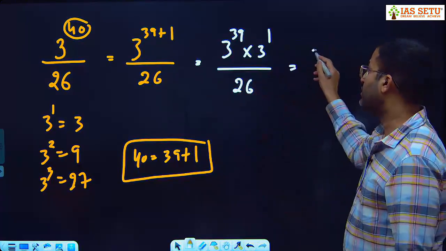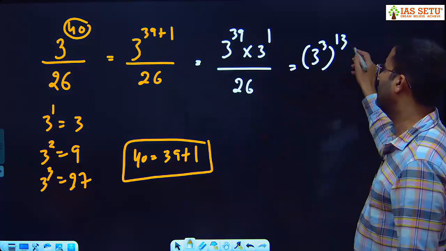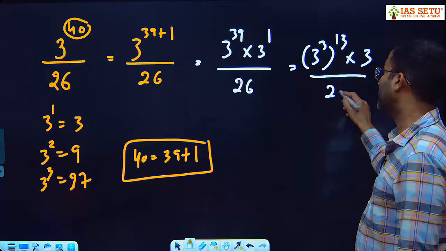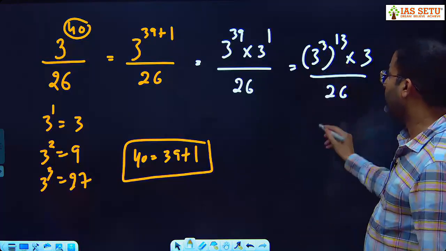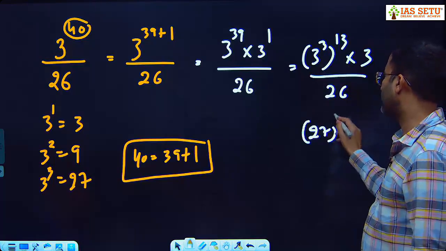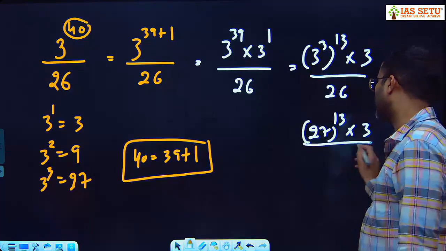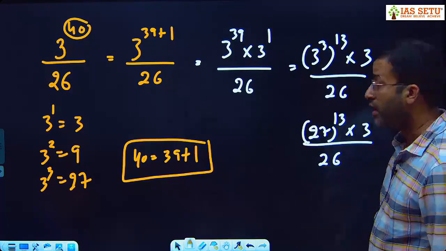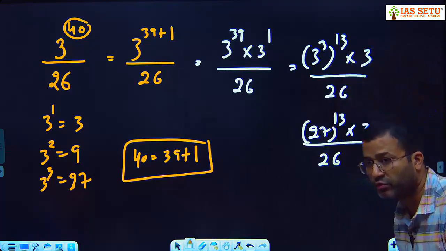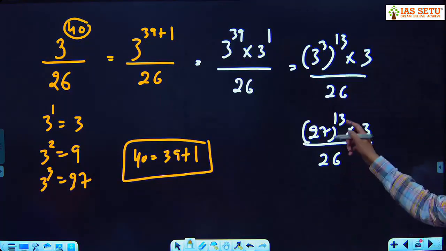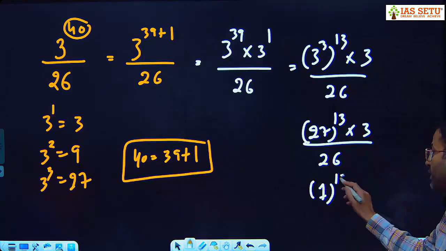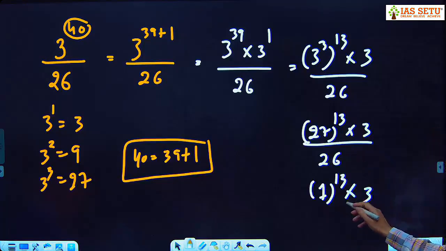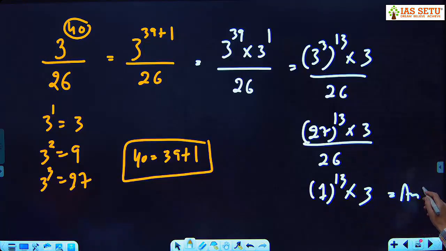Then we write it as 3 to the power 3 bracket 13 into 3 divided by 26. Then it is 27 to the power 13 into 3 divided by 26. Every 27 with respect to 26 gives remainder 1. How many times? 13 times. And here this 3 with respect to 26 has remainder 3. 1 into 3, answer 3.